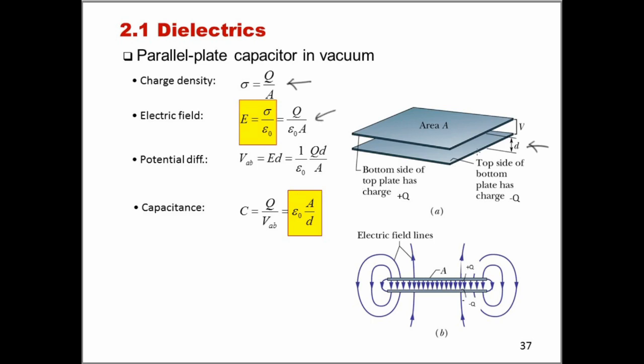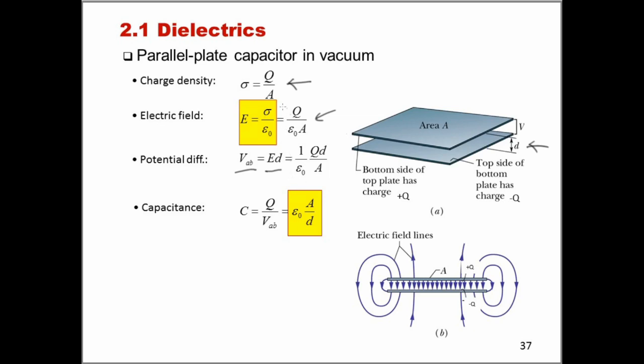Now, recall that in order to create a charge Q and minus Q on the two plates, we have had to apply a certain voltage between the two plates. Then we know that that voltage is given by E times d, where d is the separation between the plates.